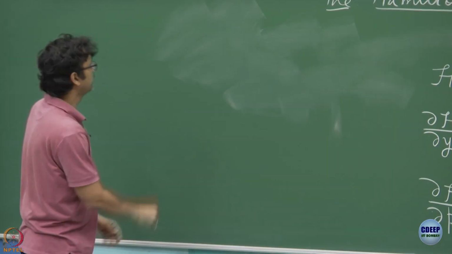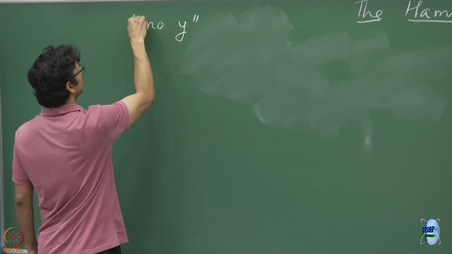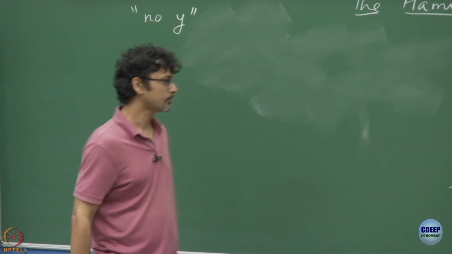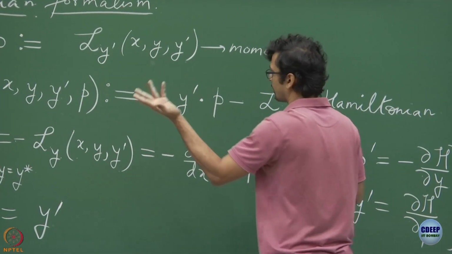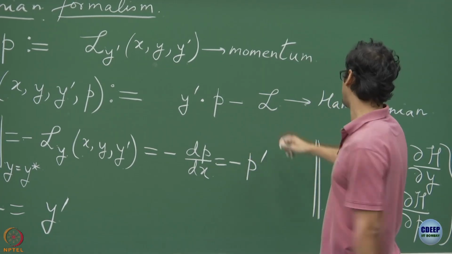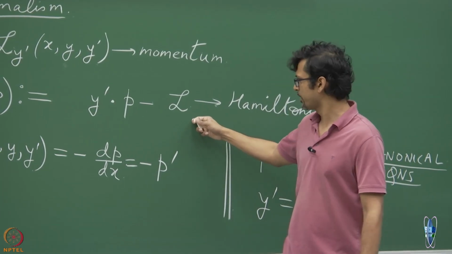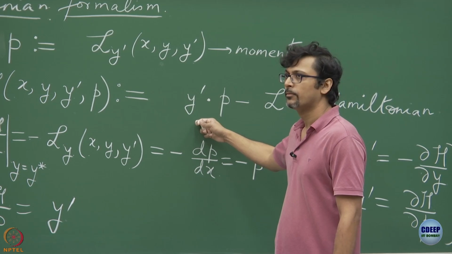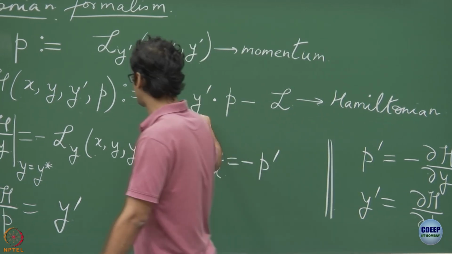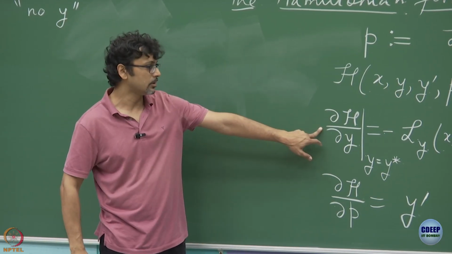So let's see. Let's consider first the no y scenario. If there is no y appearing in the Lagrangian, so this one is only a function of x and y prime, right? There's no y appearing here either. Yes, so what happens then? What happens to this term?